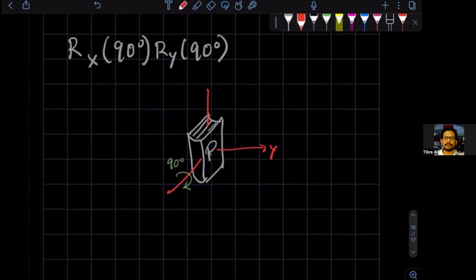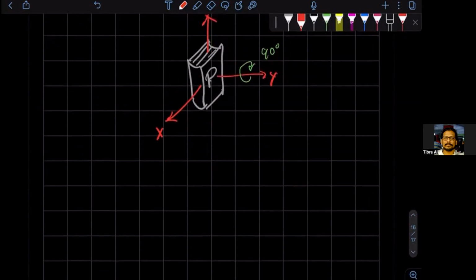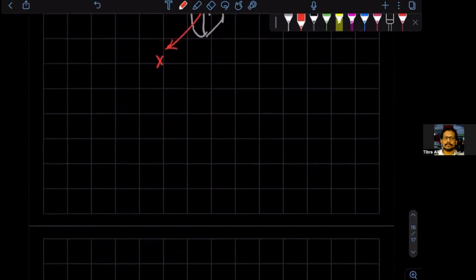So now we are rotating in this direction around the y-axis by 90 degrees. So if I do this, then I can still see the P.